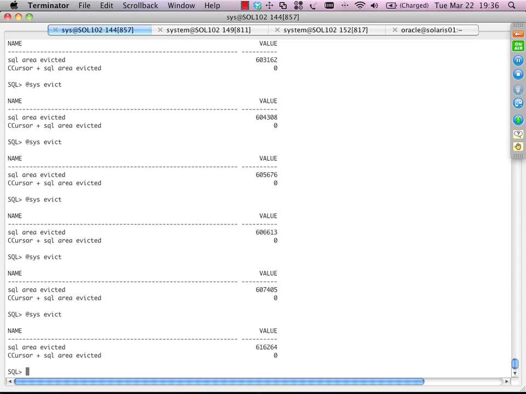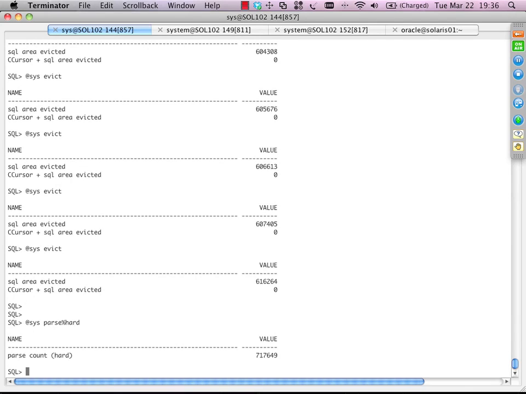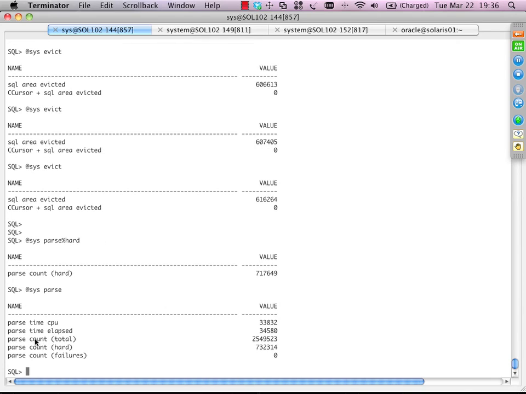Okay, so before I come up with this ORA-4031, I'll just show you a statistic. I'm sure you have seen this in various reports. It's parse count, and this is the hard parse, right? Whenever you soft parse anything, whenever you do a library cache lookup and see whether your cursor is in the cache, you have a soft parse, and that's the parse count total.